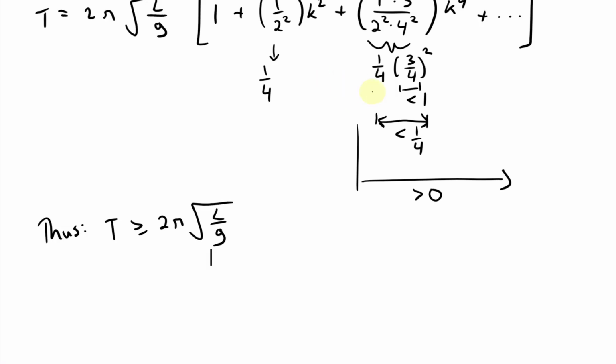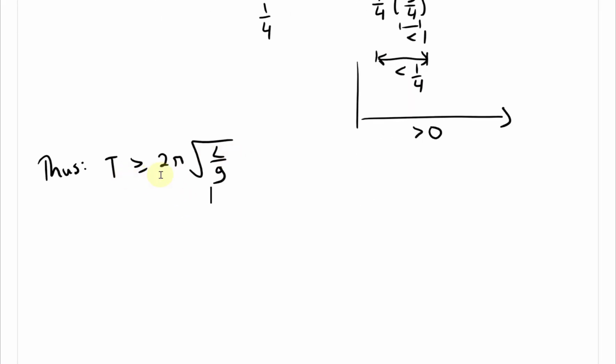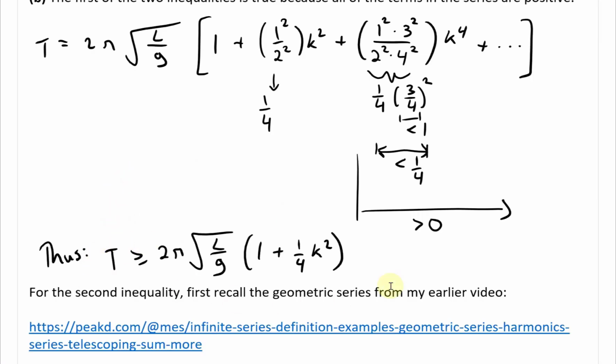It depends on the value of k: if k is 0, then these all vanish, so that's why we have the equal sign, just in case. Alright, so we got the first inequality now.